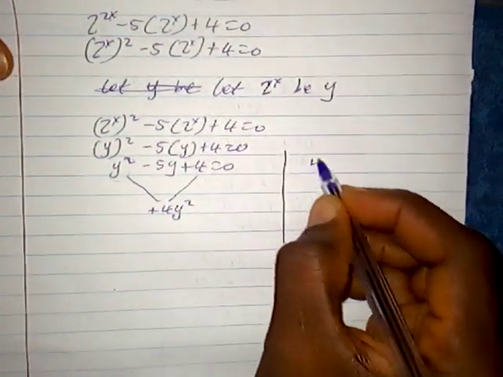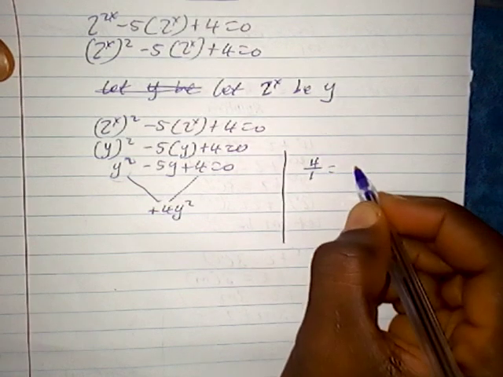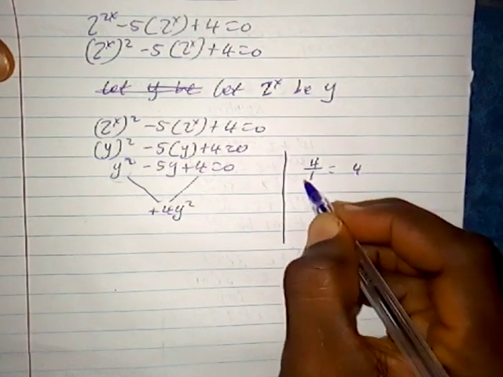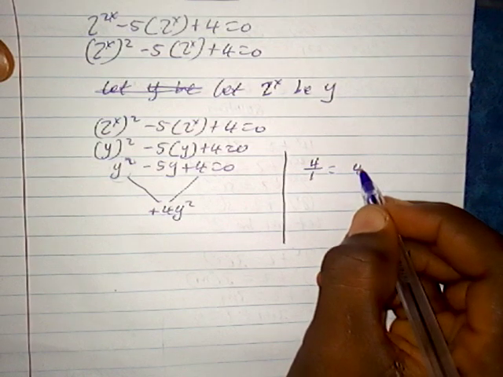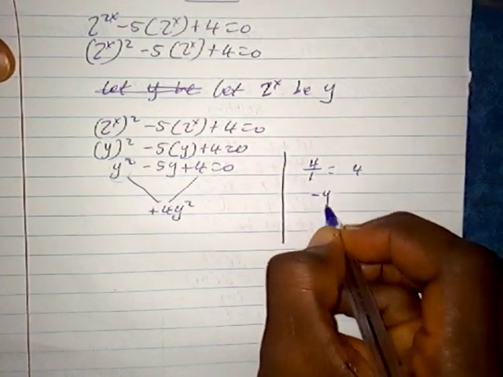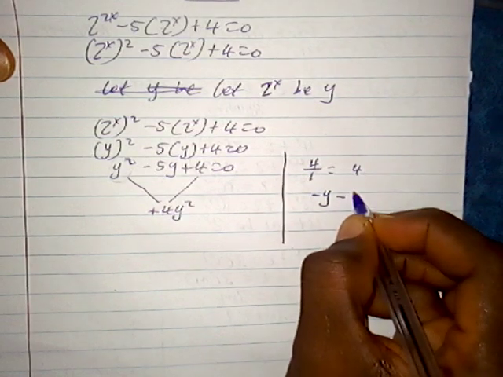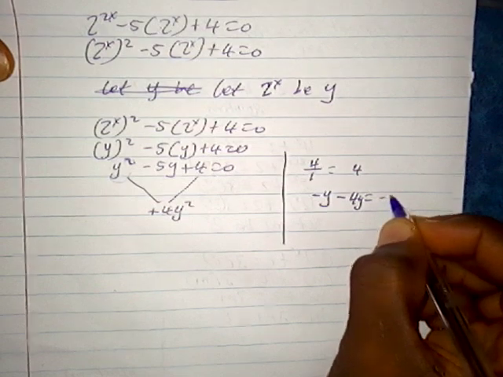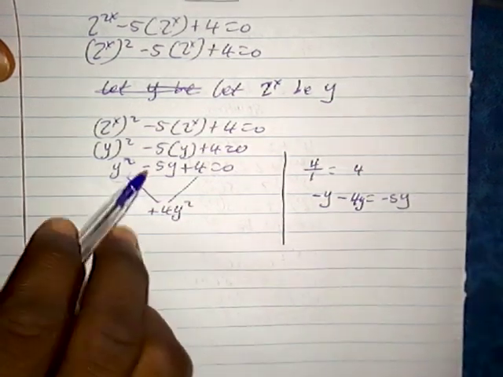What are they? 4 times 1 is 4. If we add them, minus 1 minus 4 gives minus 5. So minus y minus 4y is minus 5y. You see, that's what we have had.